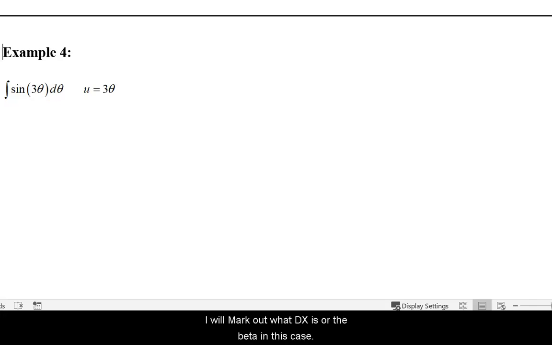I will mark out what dx is, or d theta in this case. Let's take a look. If we're looking at this problem and u is 3 theta, then I would need to find du d theta, not dx.